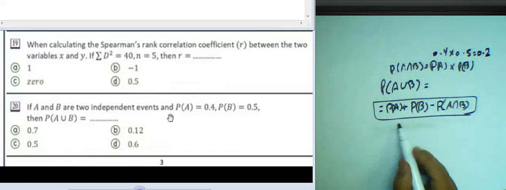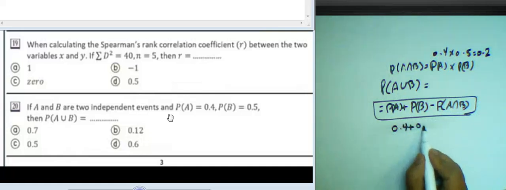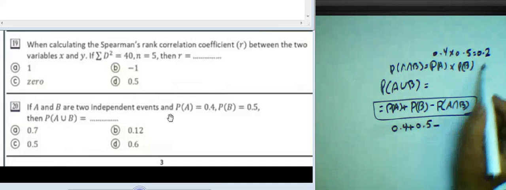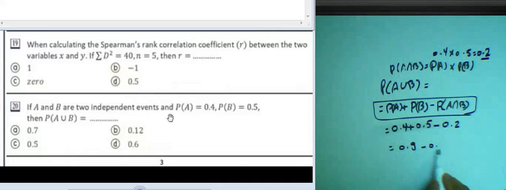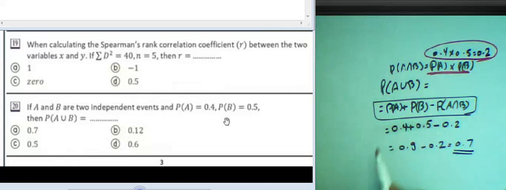We can write 0.4 plus 0.5 minus 0.2. 0.9 minus 0.2 will be 0.7. The result will be letter A.